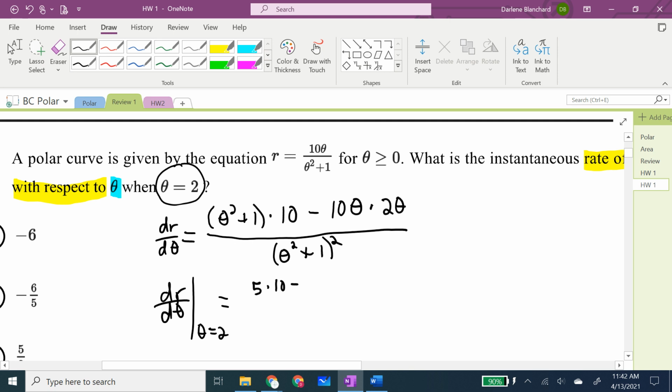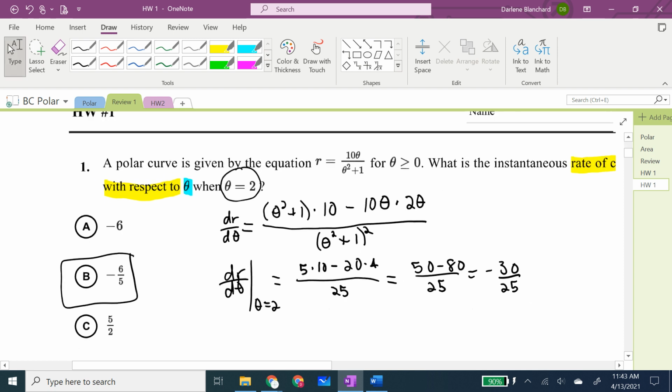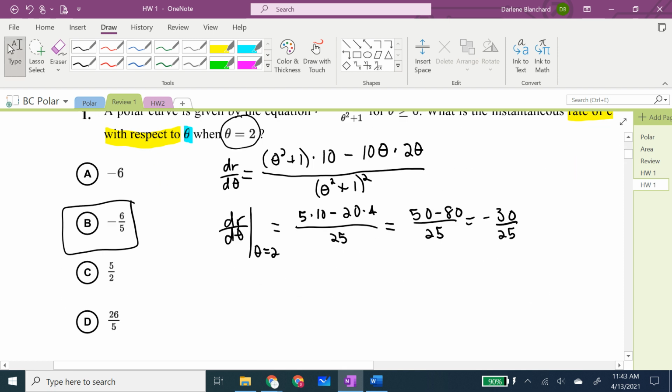And then I have 20 times 4, and then 5 squared. So 50 minus 80 over 25. And that's going to reduce to negative 6 over 5. And then that problem is done.